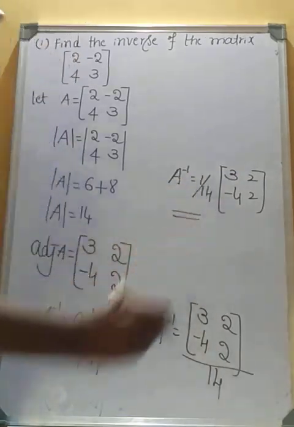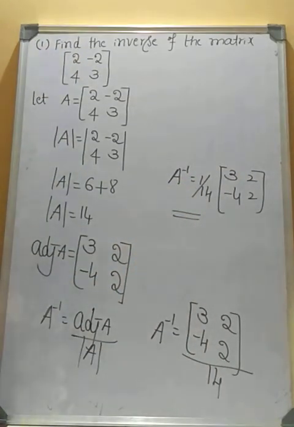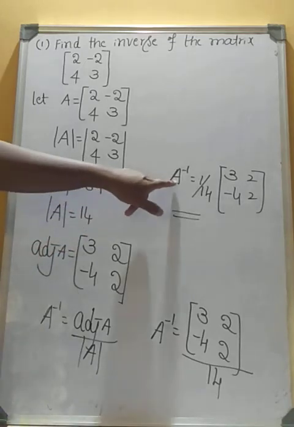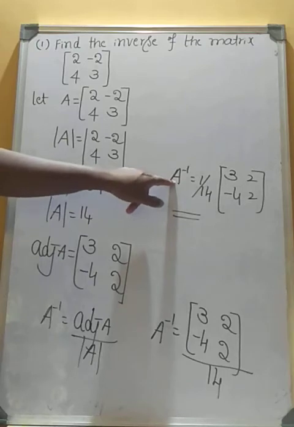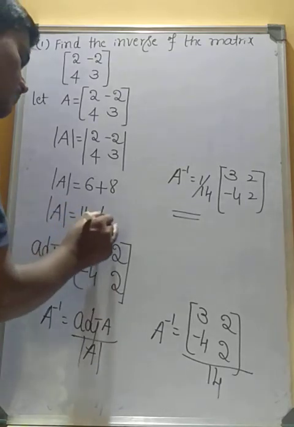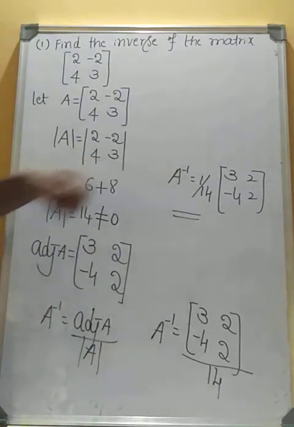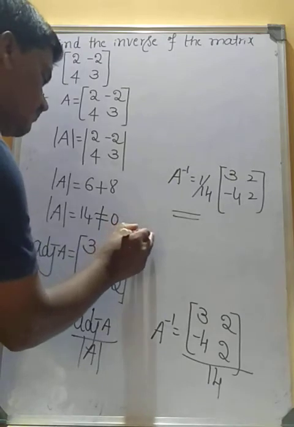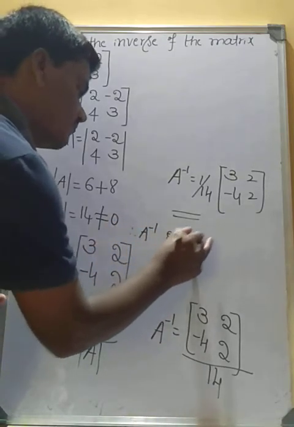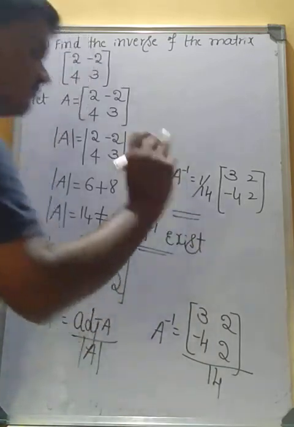That is A inverse. If determinant of A equals 0, then A inverse does not exist. If determinant of A is not equal to 0, then A inverse exists. So this is important.